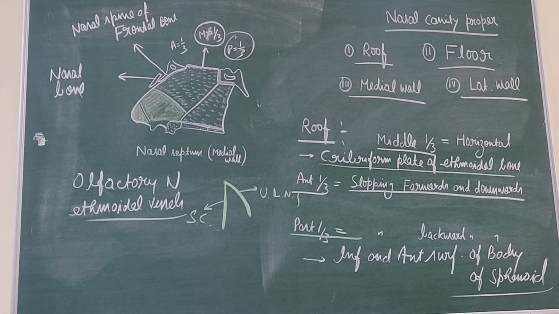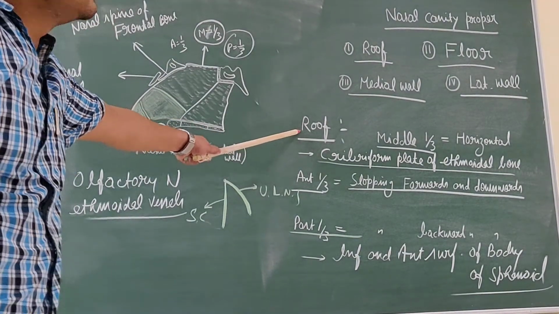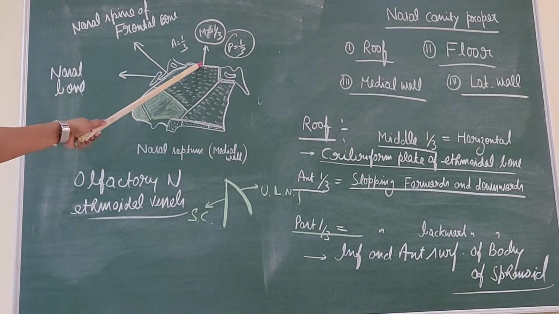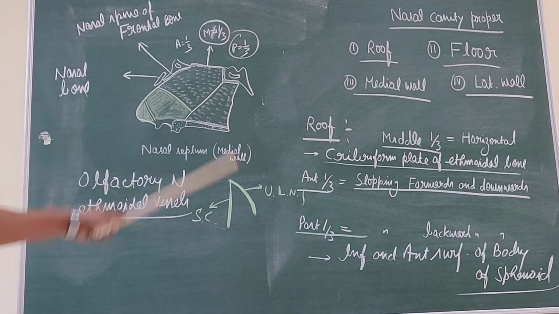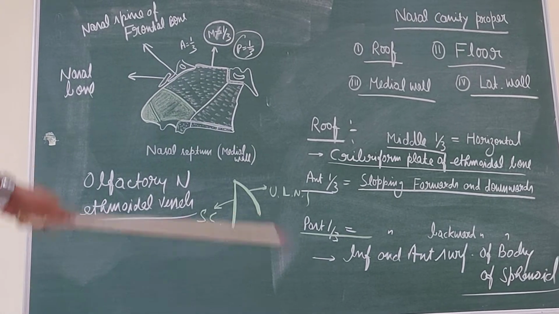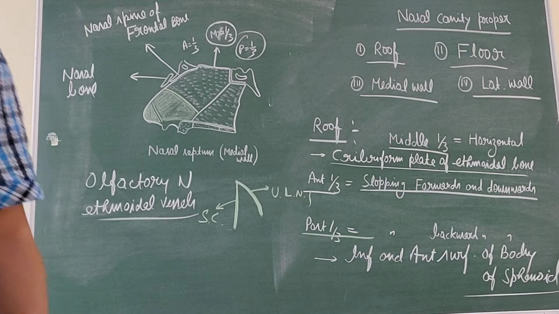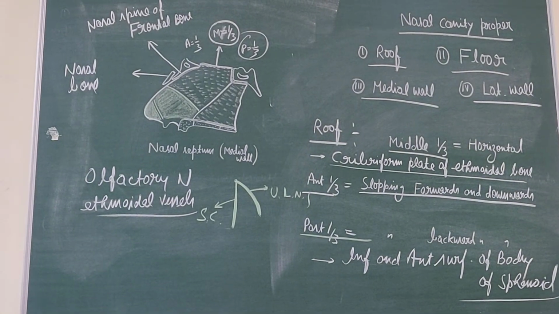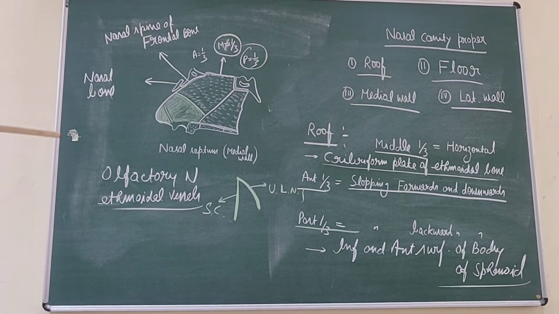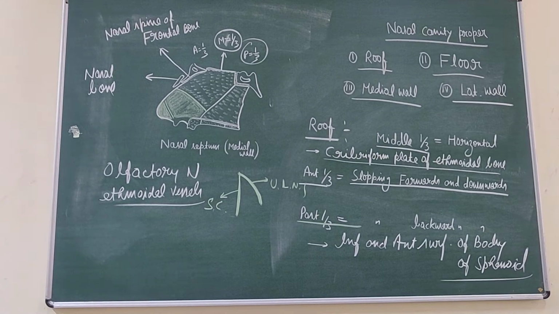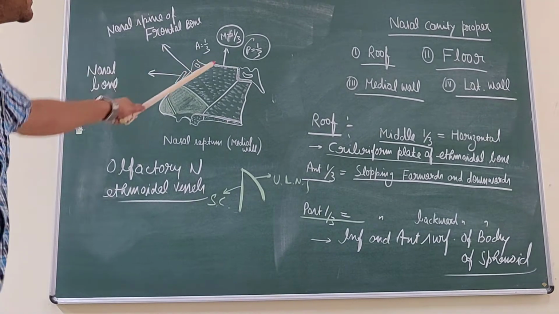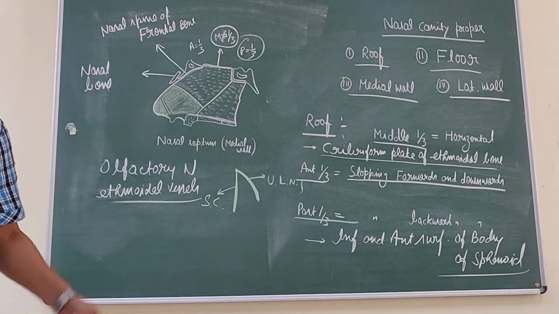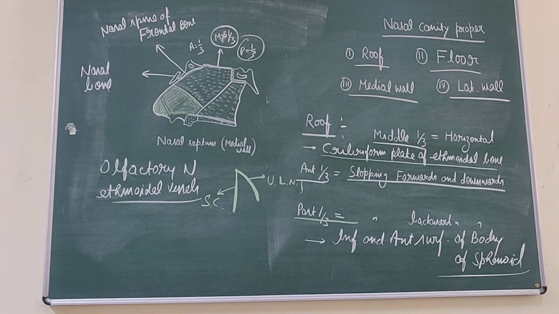So in short, the middle part of the roof is horizontal, and the anterior and posterior parts are sloping. The middle part is formed by the cribriform plate of the ethmoidal bone, perforated by the olfactory nerves and ethmoidal vessels. This plate separates the nasal cavity from the anterior cranial fossa situated above.